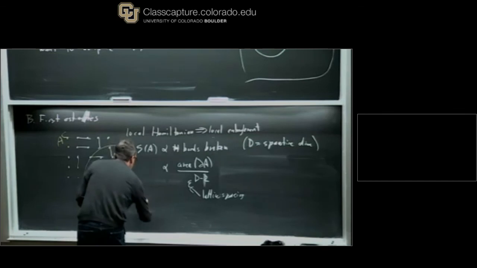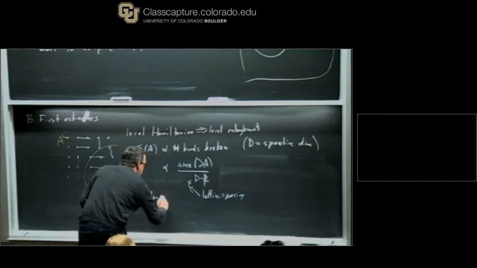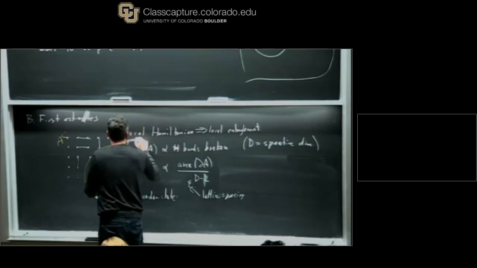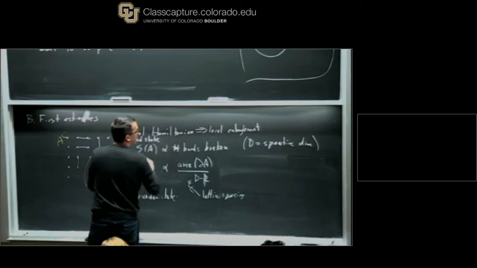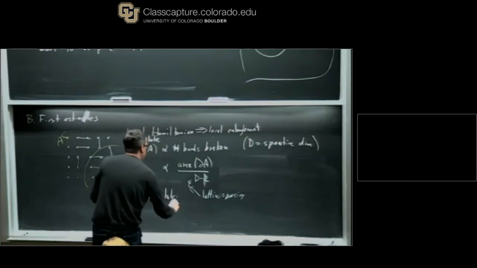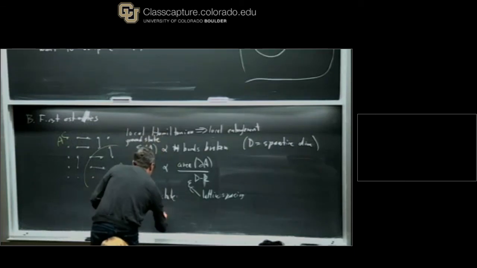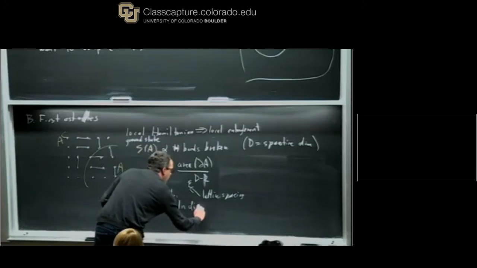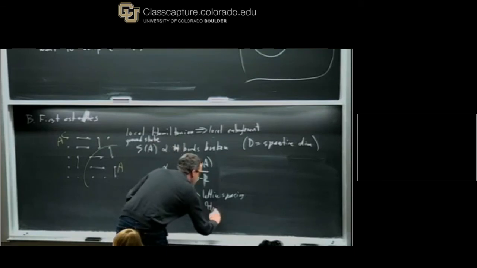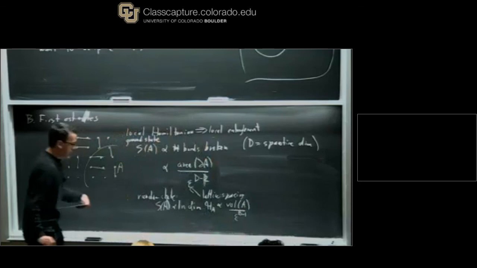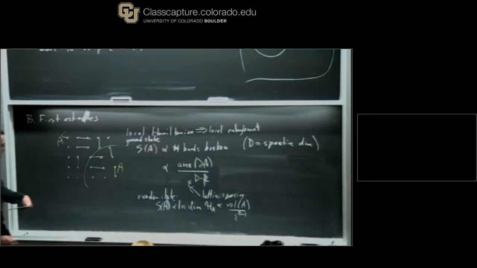So for a random state, S_A is proportional to the log of the dimension of H_A, which is proportional to the volume of A in lattice spacing units, which is much, much larger.